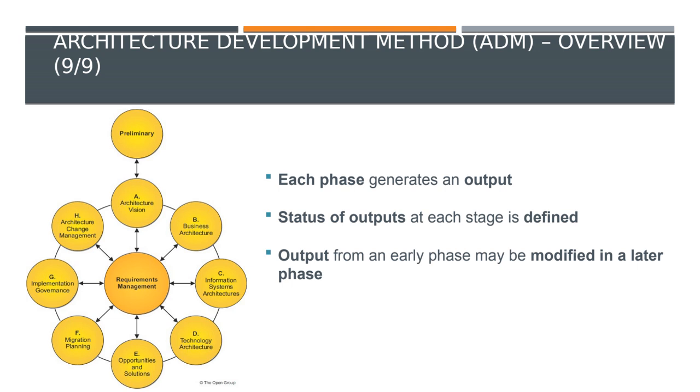And each of these phases will generate an output in your platform, and the status of output of each stage is defined. Output from an early phase may be modified in a later phase. Yeah, you can, of course.